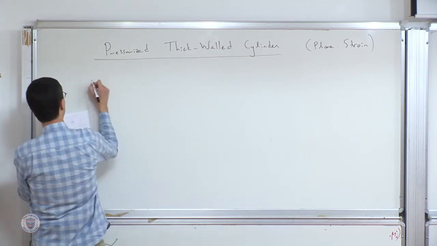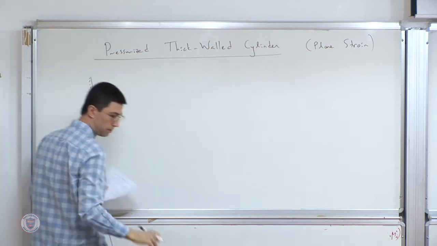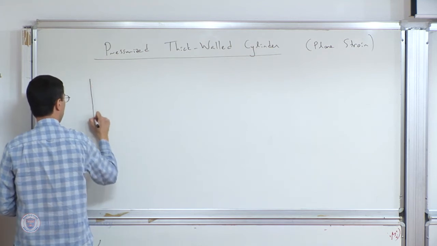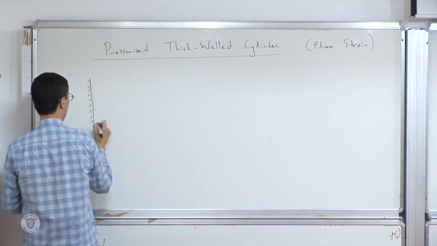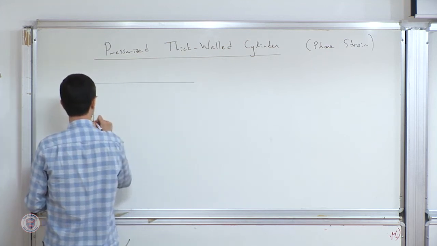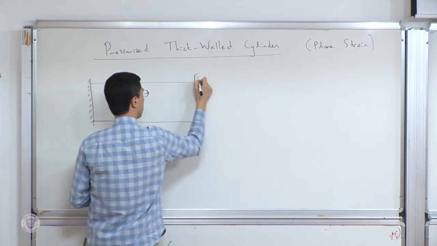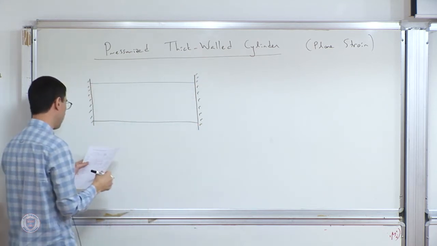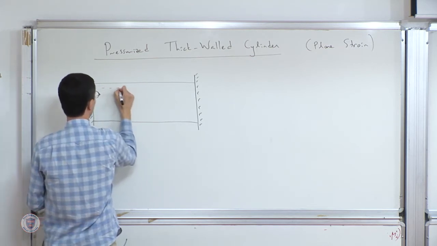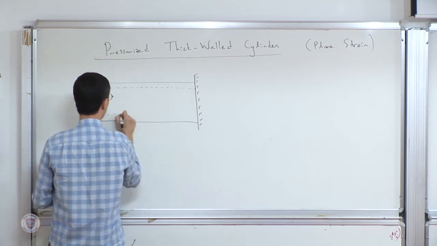The problem is that we now have a cylinder. Let's draw this again. That is supported or attached to two supports, walls at the end. Okay. It has a certain wall thickness.